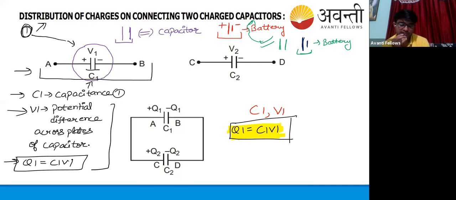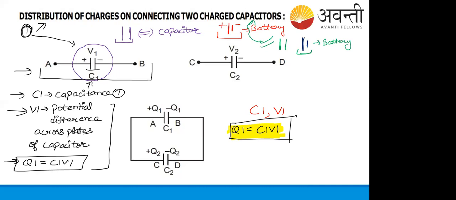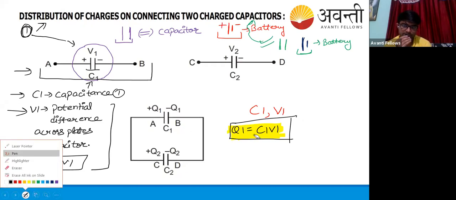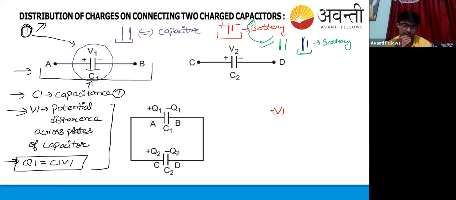So same, students, we will make one for this second capacitor. Let me erase this thing from here, and let me highlight this point here. It's an easy topic, but just focus for a few minutes.